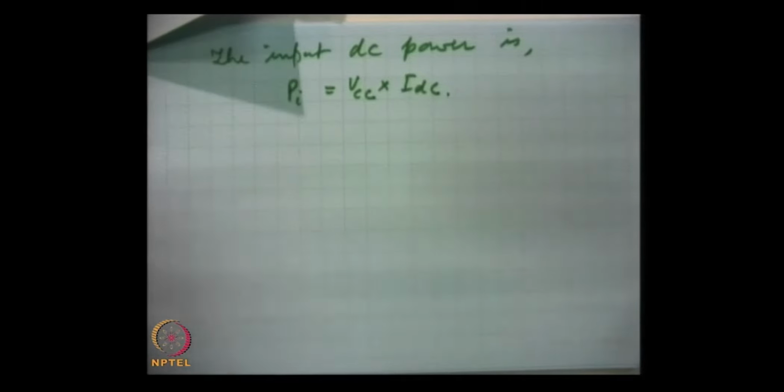This we have talked about several times. In class C amplifier, it flows only for a short duration. In fact, we can make the assumption that the collector pulse is rectangular in shape, like this.